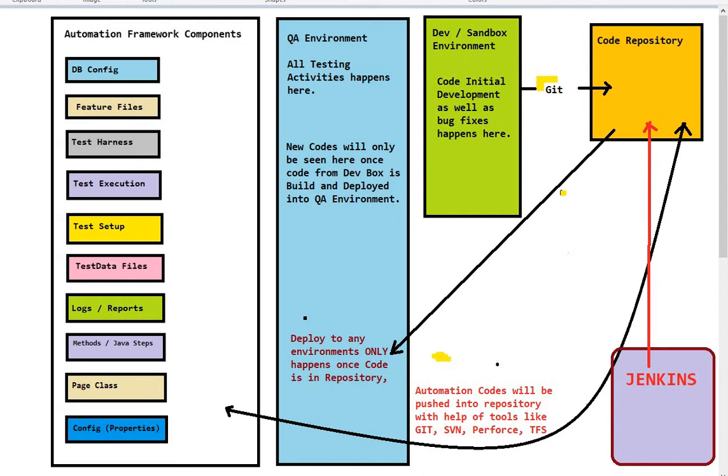Test execution is the next one. Test execution is basically where you have some sort of definitions in your framework, like steps or any required test data, or whatever it requires, the way you are going to execute your test.